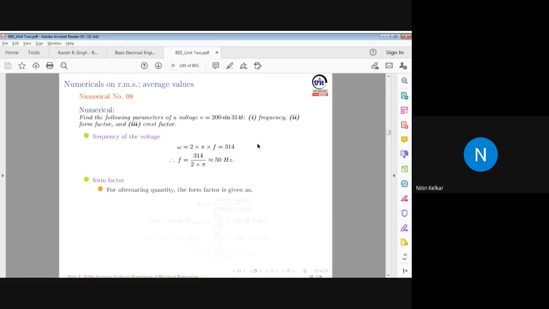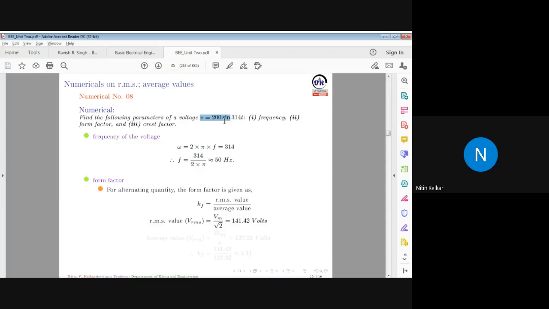For an alternating quantity, the form factor is the ratio of RMS value to the average value. The maximum value they have given over here is 200 volt. We already calculated the RMS and average value for a sinusoidal waveform, and this expression clearly indicates it is a sinusoidal wave.